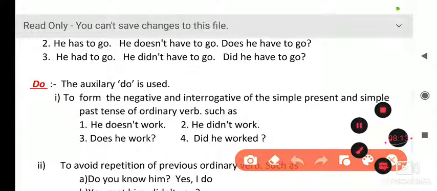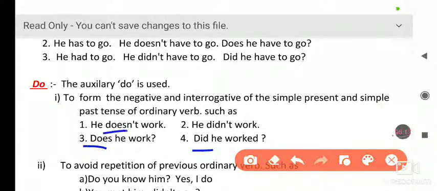So in these sentences we can clearly identify the changes of the base form do. In the simple present it changes from do to does, and in the simple past tense do changes to did.